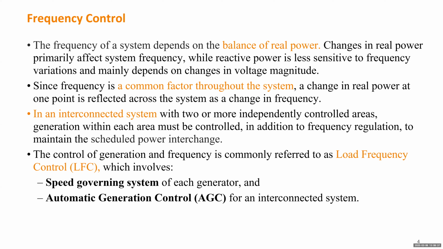Basically, load frequency control considers two levels of control. The first level is at the generator level, called the primary frequency control, done by the speed governing system of each generator. And the second level is automatic generation control, AGC, for an interconnected system, or at least for one area of the system. Any question?